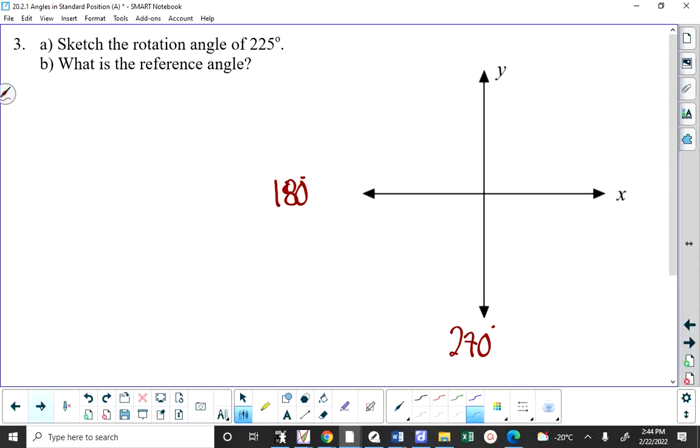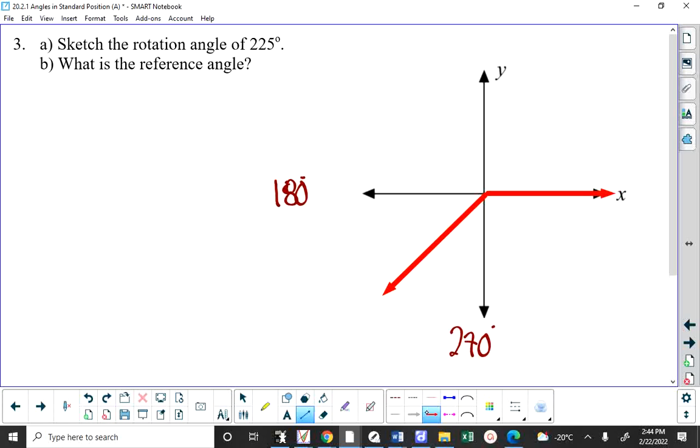And I believe when you take 225 minus 180, you get 45. Then I'm going to use my knowledge that 45 degrees is half of 90, which means that this rotation angle will terminate halfway between those two axes.